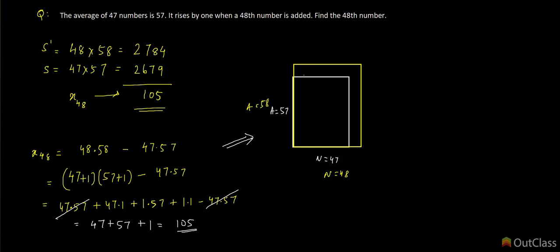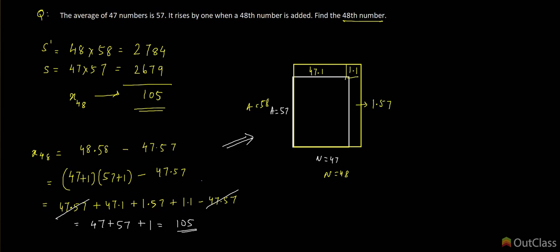And the magnitude of this 48th number can be calculated simply by finding the area of this shaded section, which you can further break down into this piece, which is 47 into 1, this piece which is 1 into 1, and this piece which is 1 into 57.